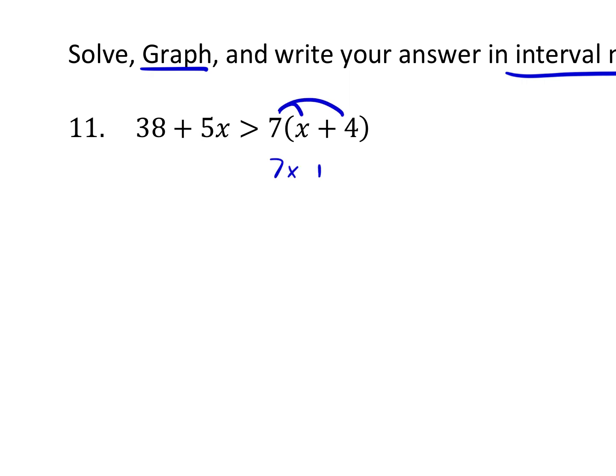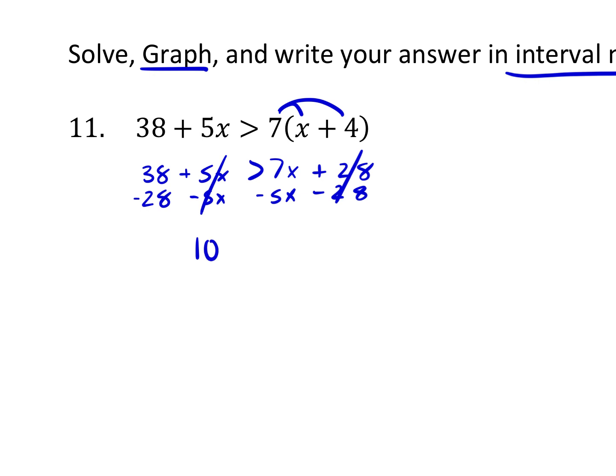So we have 7x plus 28 and 38 plus 5x greater than. What would I do next? I can move the 28 to the other side, so subtract 28. And that means I'm going to have to move the 5x to the right, so we'll subtract 5x. So 38 minus 28 would be 10 is greater than 2x.